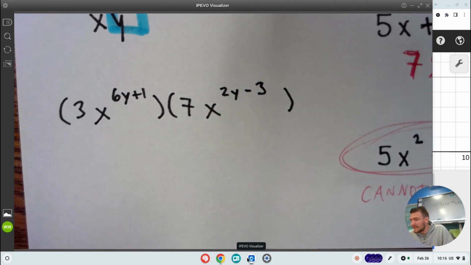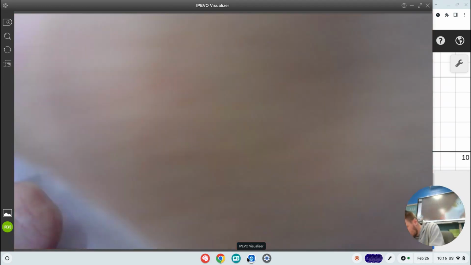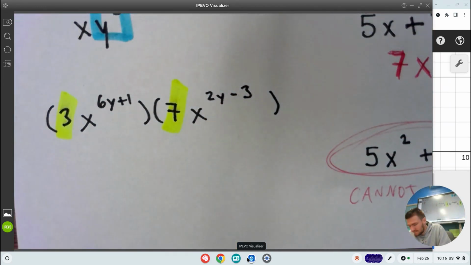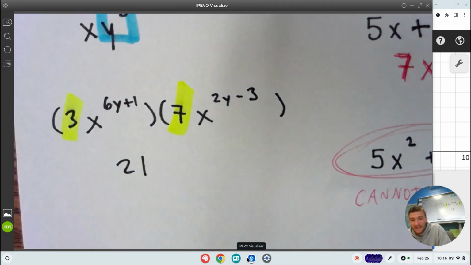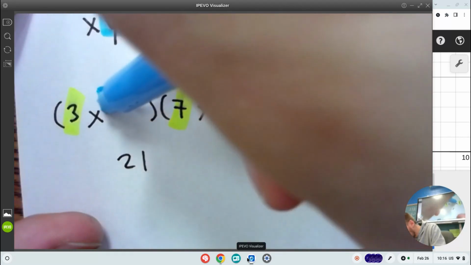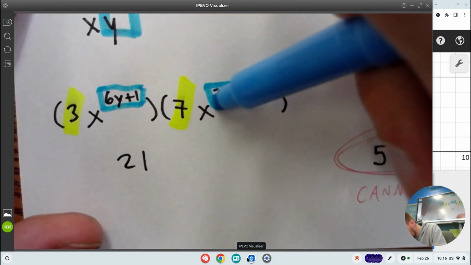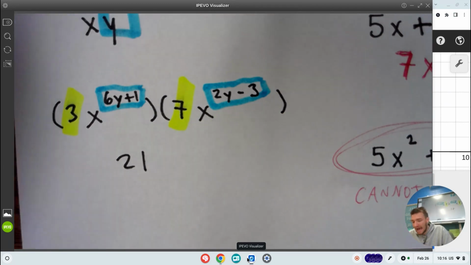But the reality is 2 steps. Take the big numbers, 3, 7, multiply them together. 3 times 7, 21. Then take the exponents. And even though these exponents are crazy and they look more difficult, just add them together.